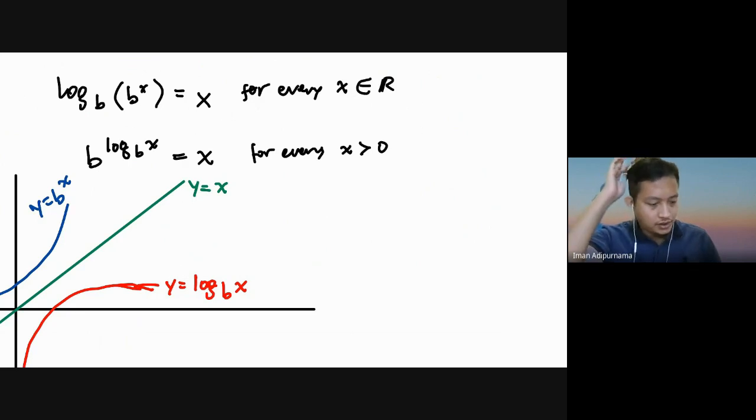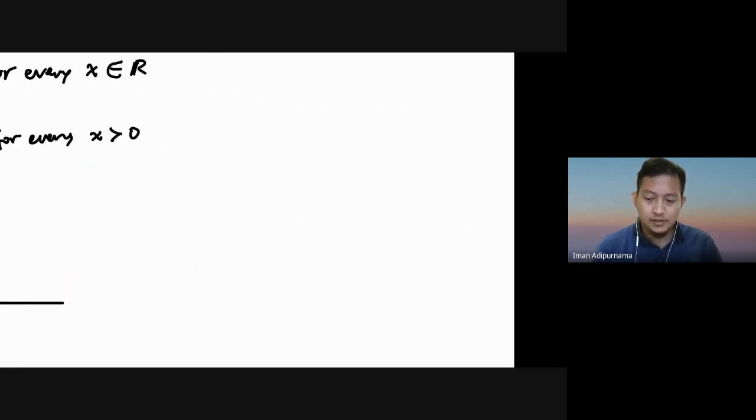Another term that we will usually use in calculus frequently is e, right? The Euler number.